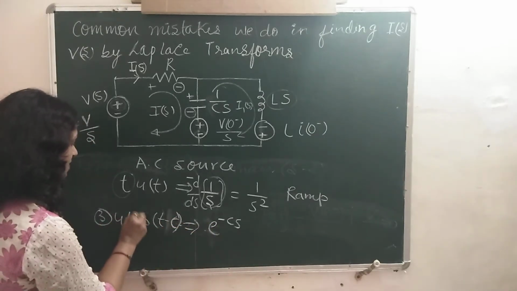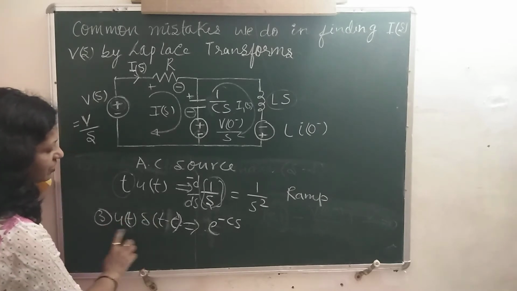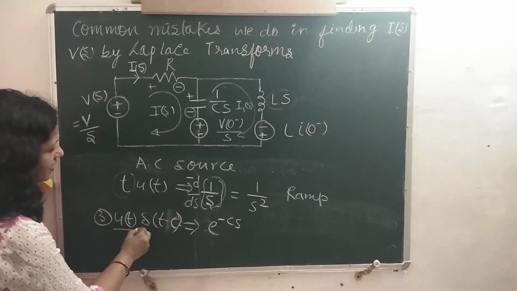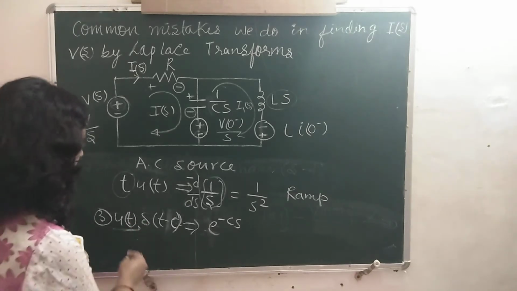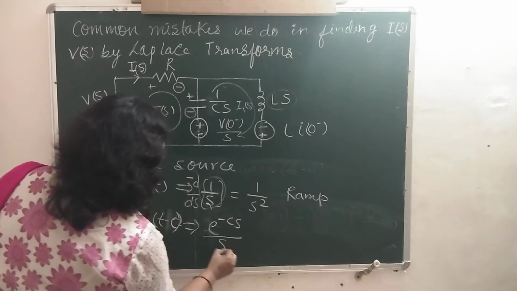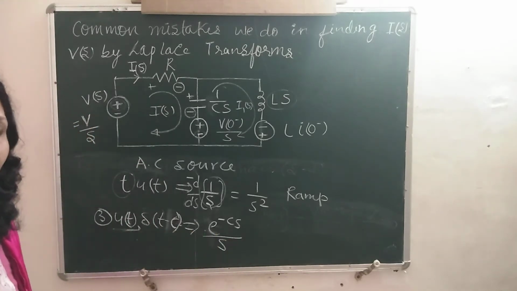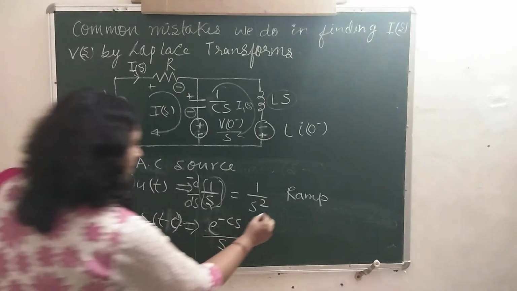It is always with a unit step function. That is, even if it is not written, there is a hidden unit step function. So this finally will come as e to the power minus cs by s.